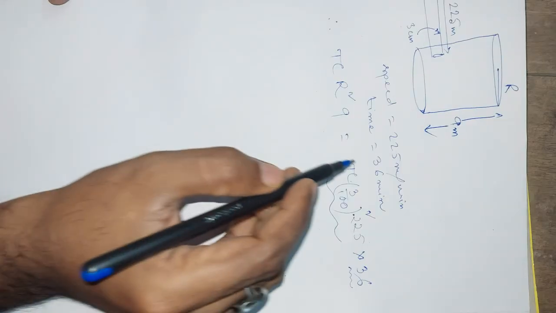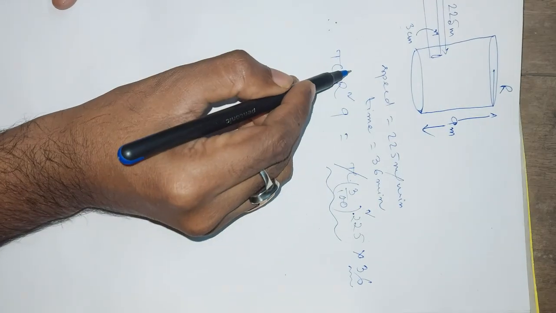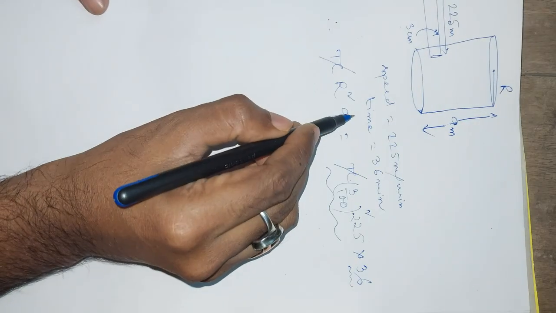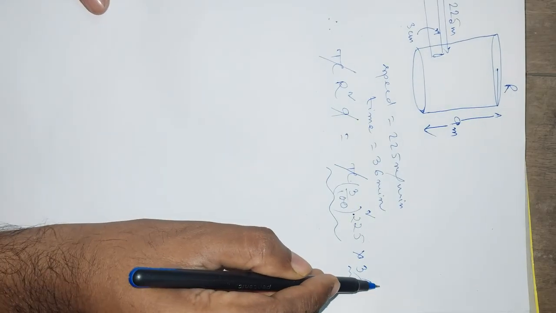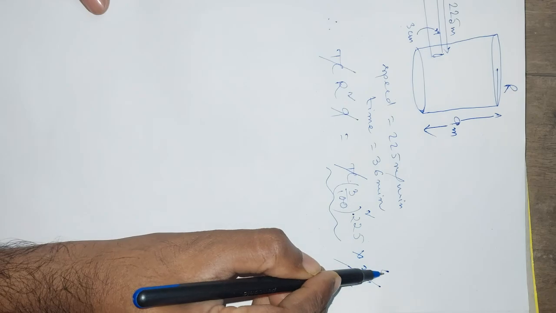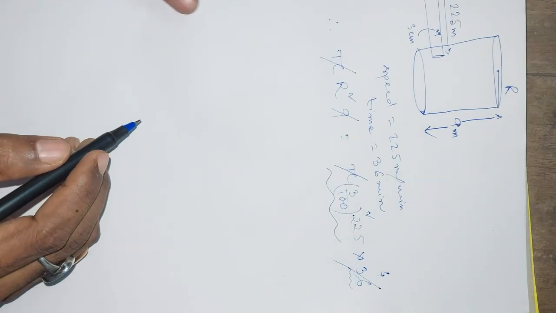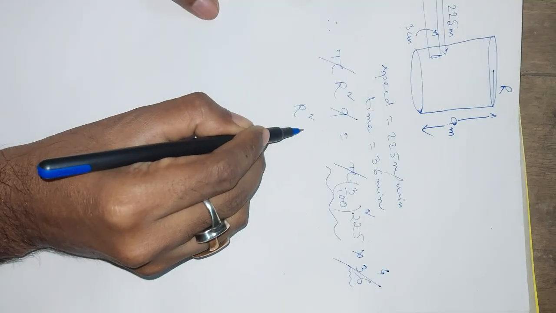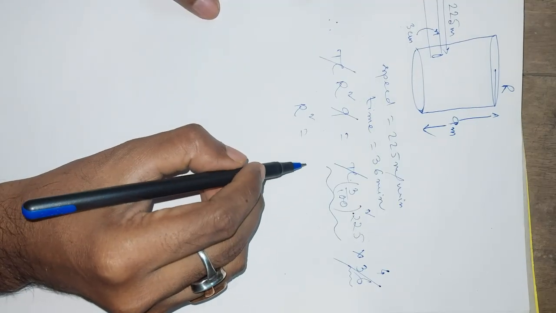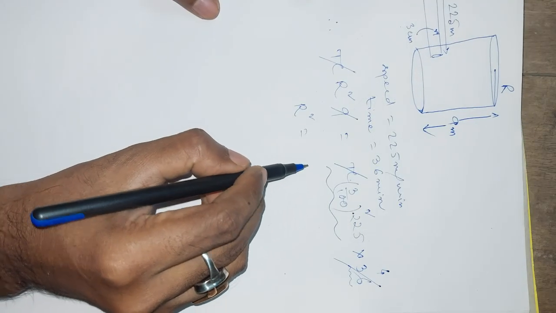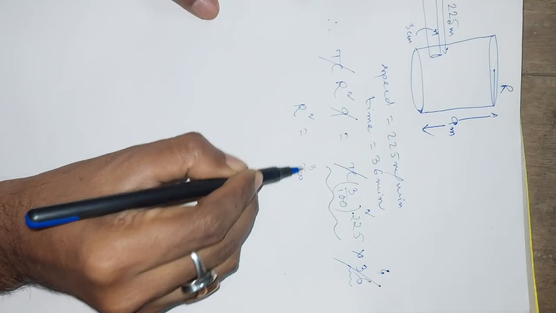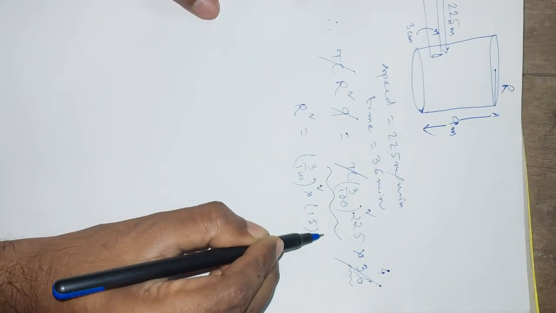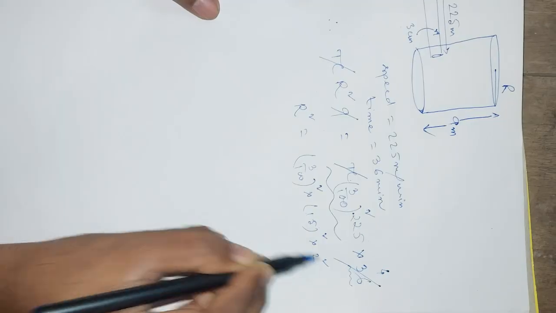Pi and pi can be cancelled. 9 and 36 can be cancelled, and we can write 4. So r square is equal to 3 by 100 square into 15 square into 2 square.